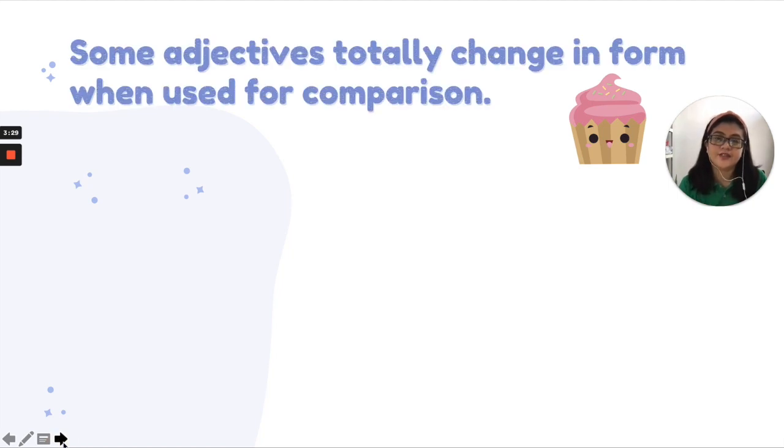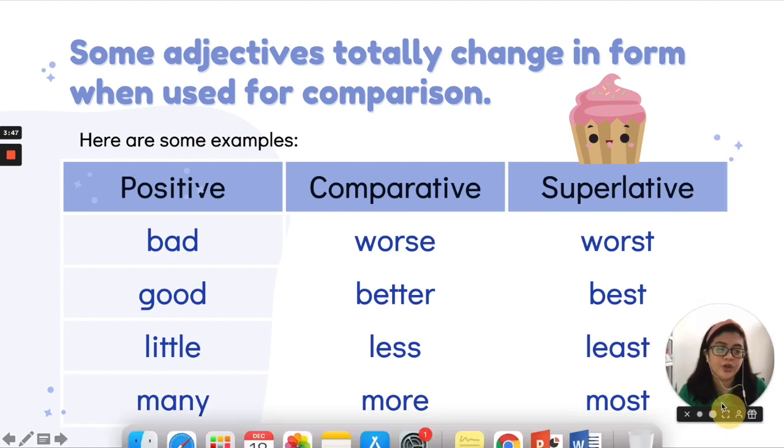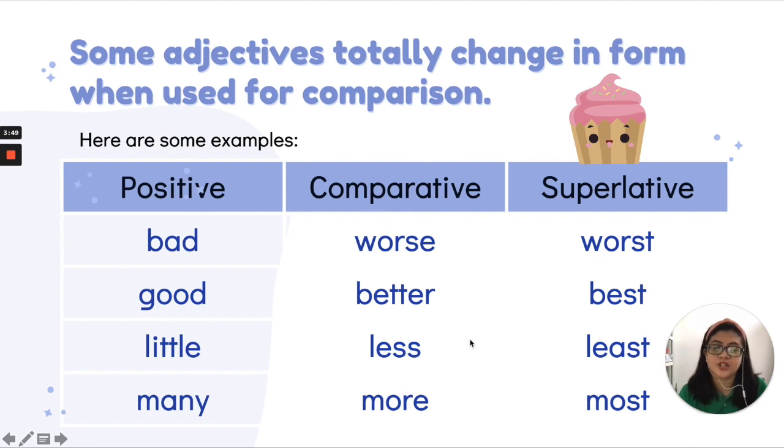Some adjectives totally change in form when used for comparison. For example, we have bad as the positive degree form of the adjective. Its comparative form is worse, and its superlative form is worst. So it totally changed its spelling from bad to worst. It's the same with good. Good is the positive form, comparative is better, and the superlative is best.